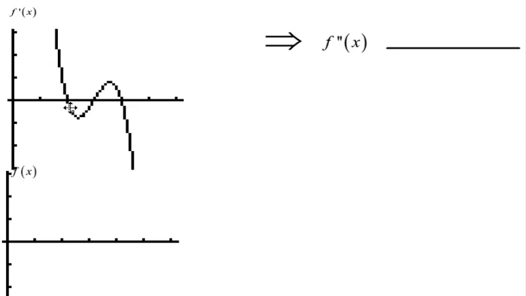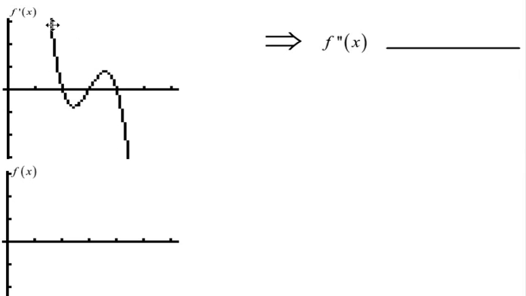Okay, once again let's look at the slope for f'(x). We have negative slope first. Then this section here has positive slope. And we end up with another negative section.